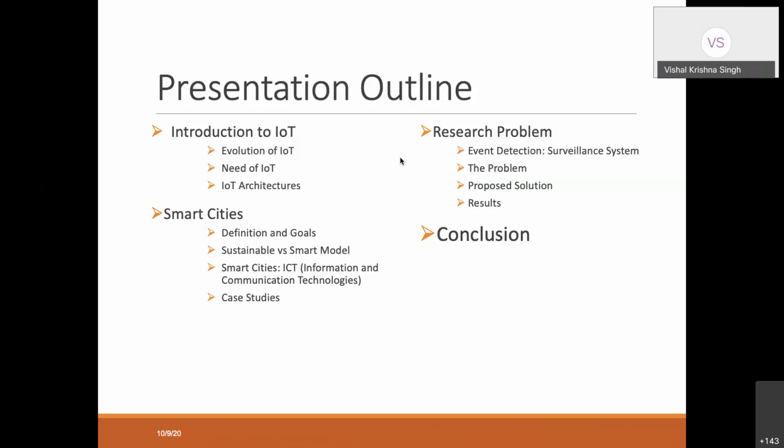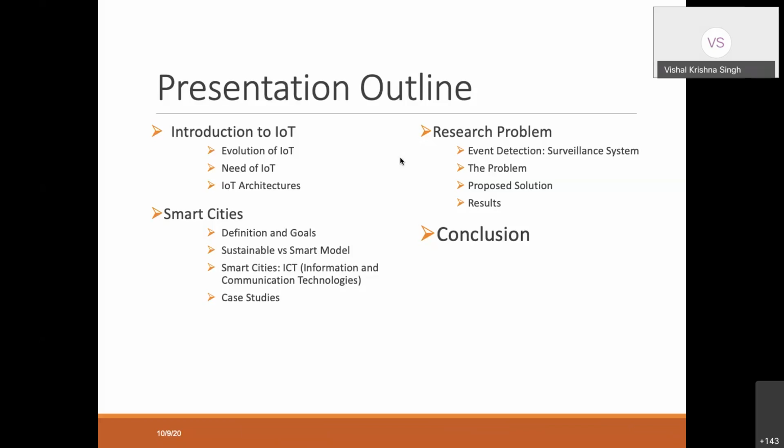So basically we'll be covering three architectures: two general purpose architectures for IoT, and one layered architecture for smart cities.